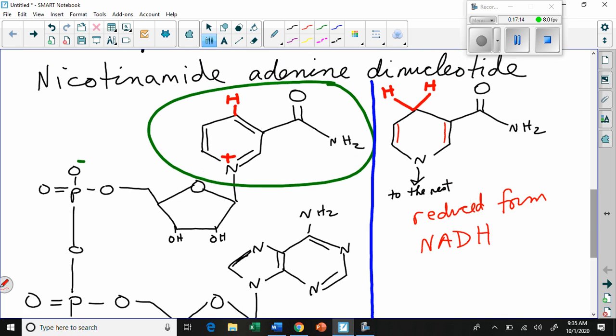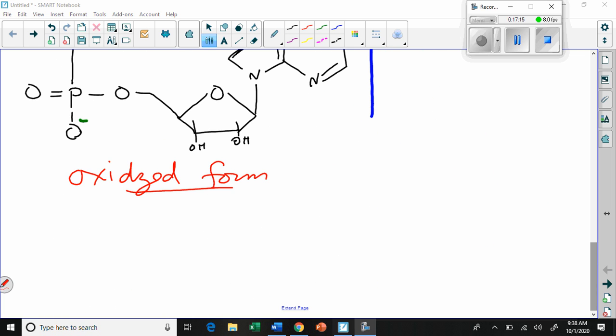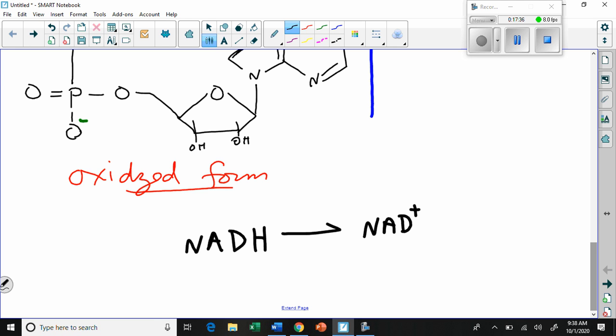And we'll pause. So we can summarize this whole reaction of what's going on here in a little reaction. What NADH can do is it can lose 2 electrons, become oxidized in the NAD plus form, and then of course that H would be left over.